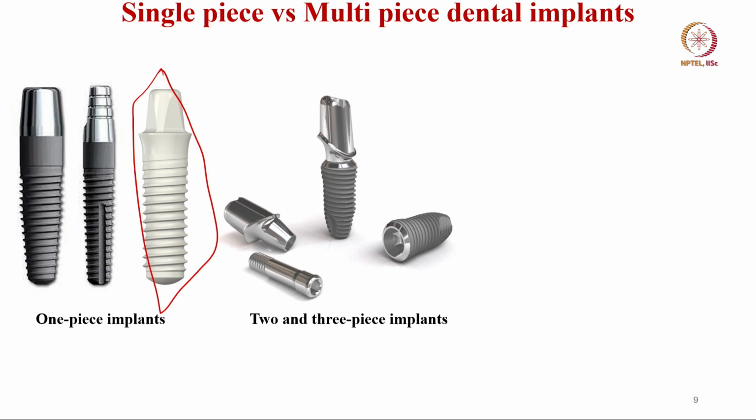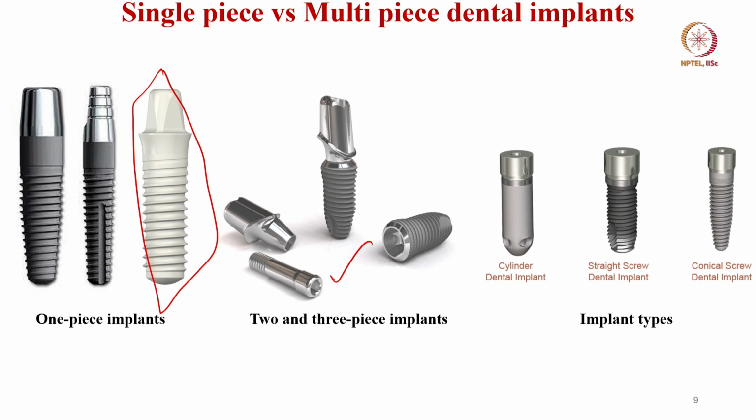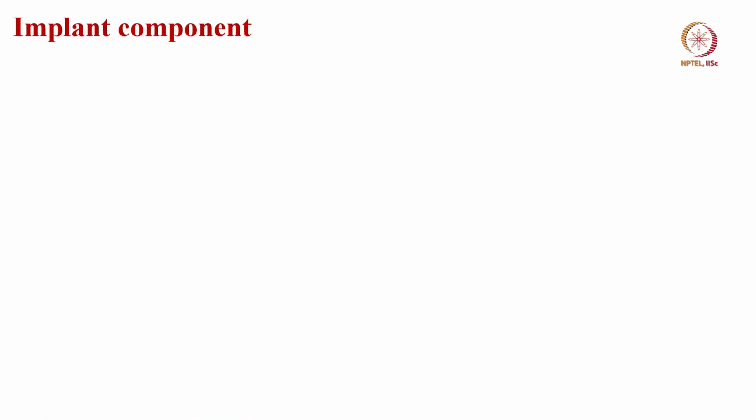You can have two piece implants, 2 and 3 piece dental implants, that has been mentioned here, and there can be different implant types. For example, this is a perfect cylindrical type of implant, right. There is a single straight screw dental implant, and there is a conical dental implant, right.